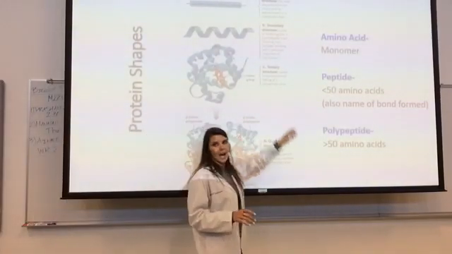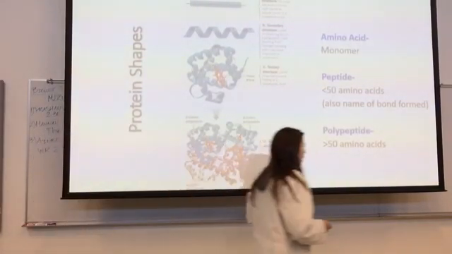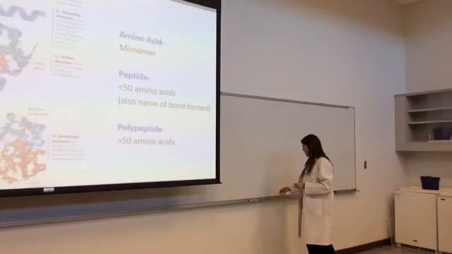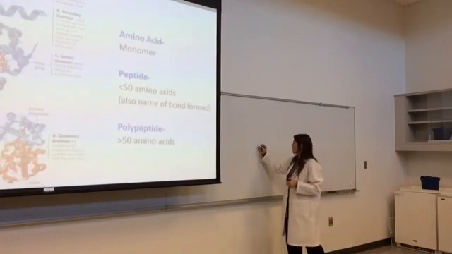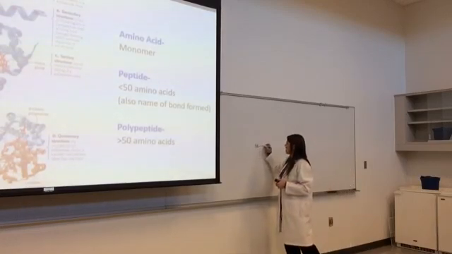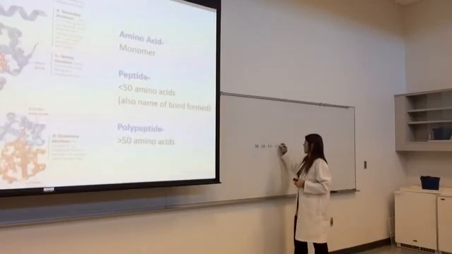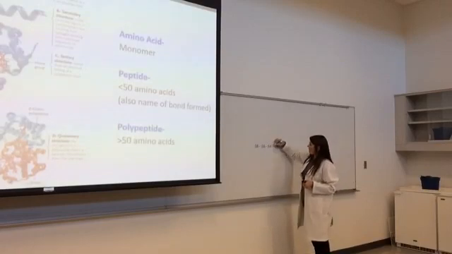But when you have a group of amino acids, that is less than 50, so you have amino acid, amino acid, amino acid, amino acid, amino acid. What are the name of these bonds here? Peptide bonds.